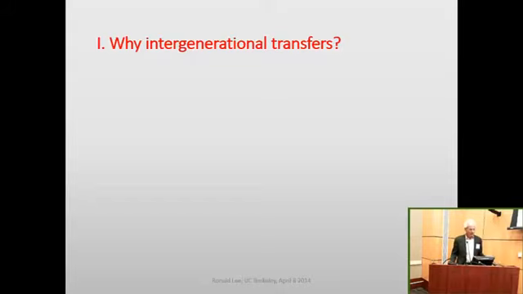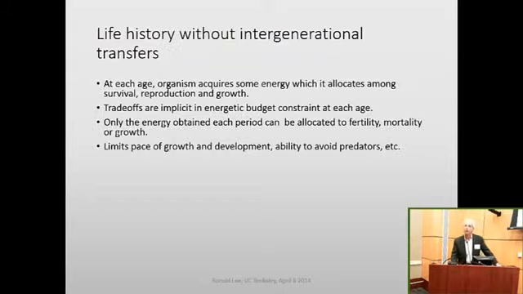But I've gotten a little ahead of my story, which is that we conceptualize the life history strategy as being limited by a budget constraint, which says that at any age you acquire a certain amount of energy and then you allocate it among growth, among fertility, and maintenance and survival. So when you're very young, you have a lot of growing to do, you've got to avoid predators and so on and so forth.